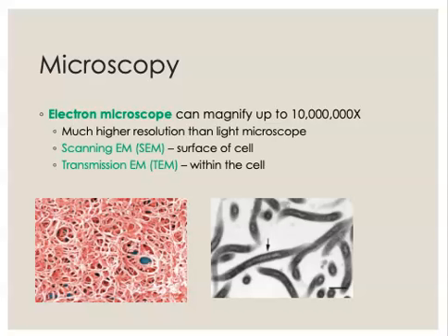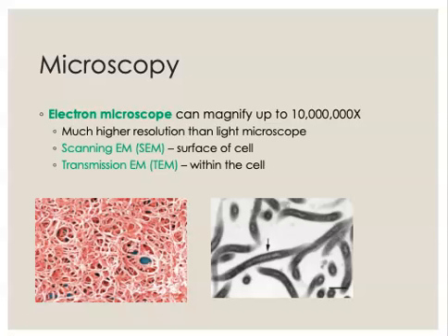There are other kinds of microscopy in addition to light microscopy. One type is called electron microscopy. An electron microscope can give us the greatest amount of magnification for cells that we currently have available. An electron microscope can magnify up to 10 million times.